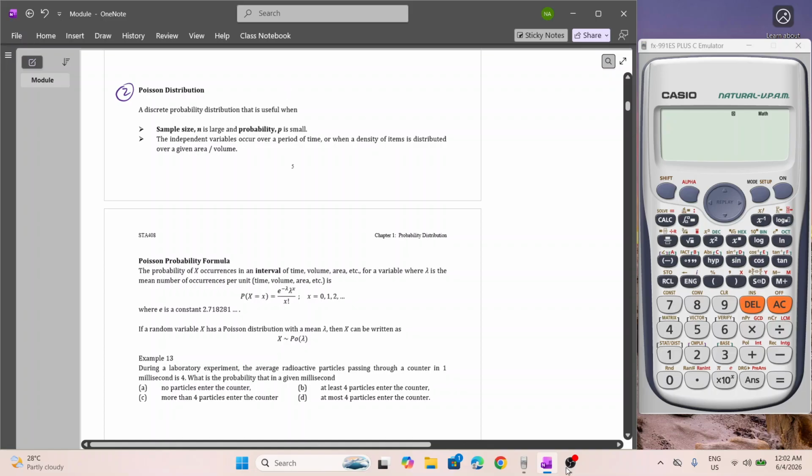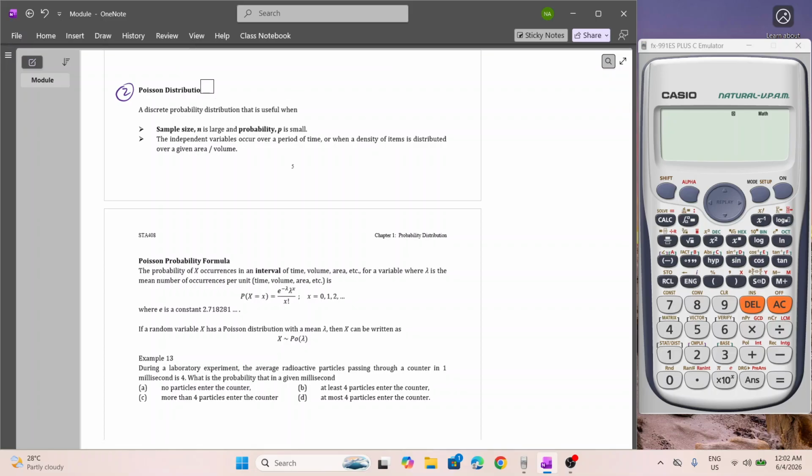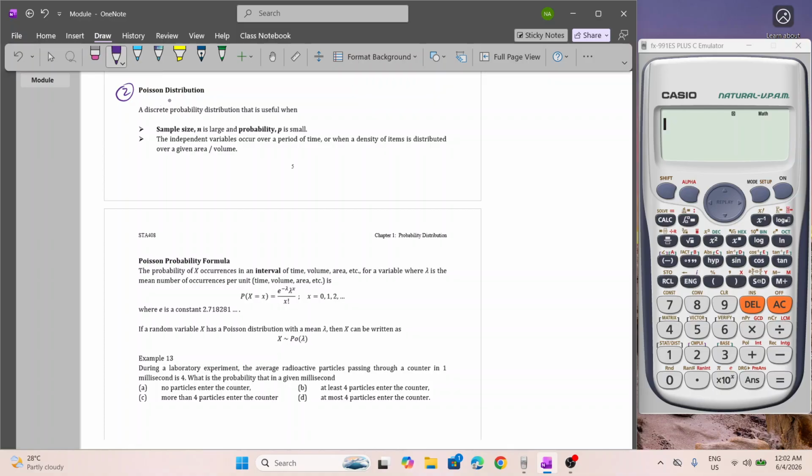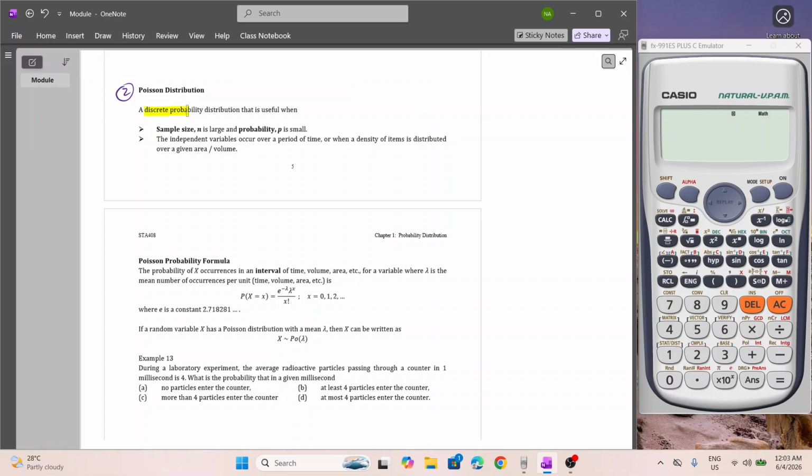All right. Hi, everyone. So today we are going to continue our discussion on the next subtopic, which is on the Poisson distribution. All right. So class, the Poisson distribution is another distribution or a technique that we can use when we want to find the probability of a discrete random variable.